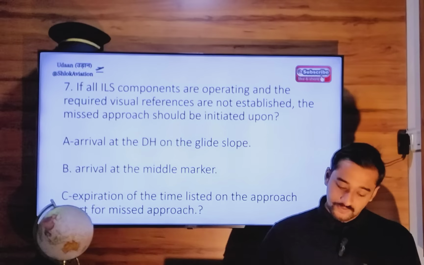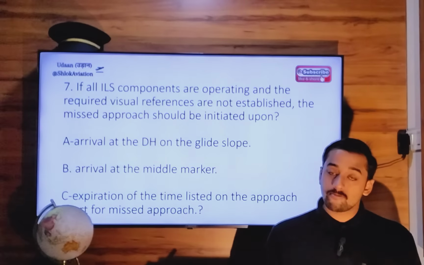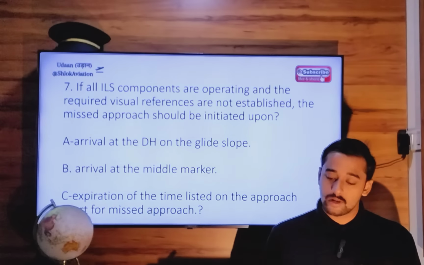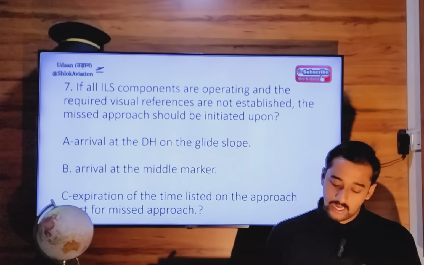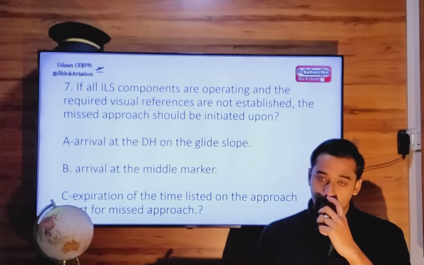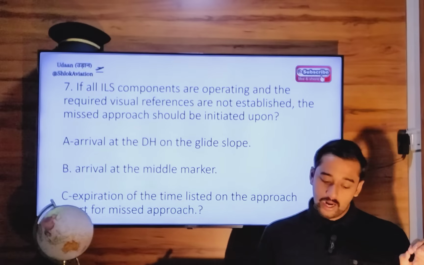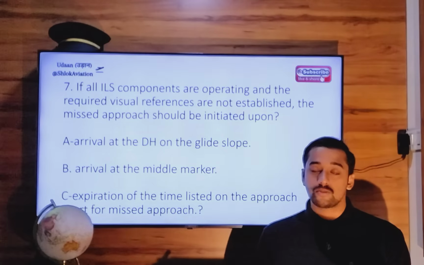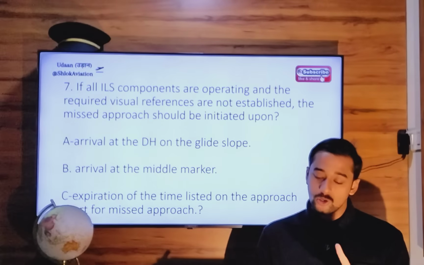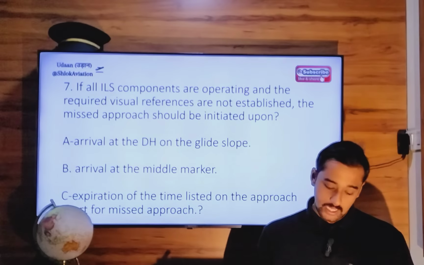Next, if all ILS components are operating and the required visual references are not established, the missed approach should be initiated upon where? Okay, so your ILS system is working fine. Required visual references are not established, meaning you are not able to spot or see PAPI lights. The missed approach should be initiated at what place?